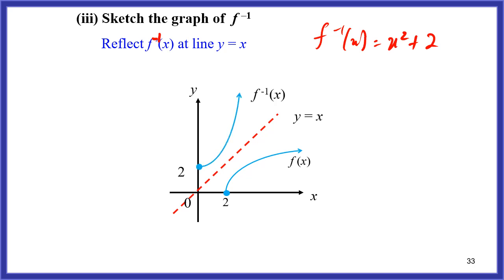Okay, so this is our graph. If you just reflect, the x-intercept at 2 will be the y-intercept at 2. Really easy, right? If you just reflect, you don't have to note the domain and range and everything to sketch the graph.